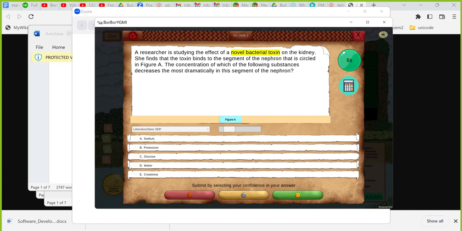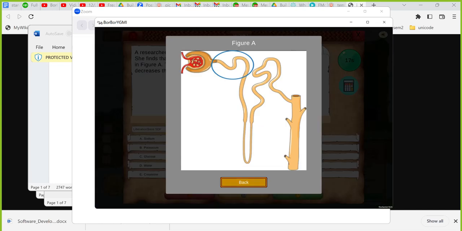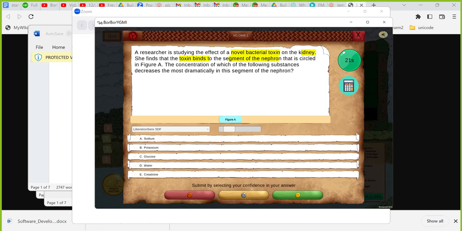A researcher is studying the effect of a novel bacterial toxin on kidneys. She finds that the toxin binds to the segment of the nephron that is circled in the figure. The concentration of which of the following substances decreases the most dramatically in this segment?